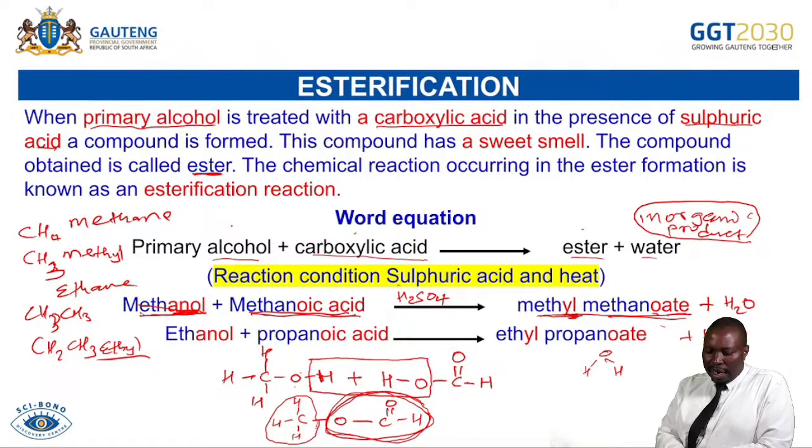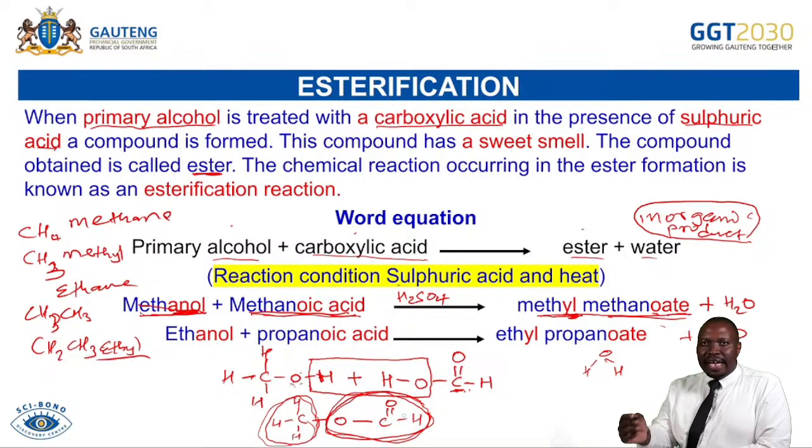And this one is our alkyl group, which is methyl. So the oxygen now is part of this one. Hence, we are saying it's one carbon, so it's methane. So we're saying it's methanoate. Methanoate. Then you are able to see that we're having a methyl now and a methanoate. So that is the name of the ester.